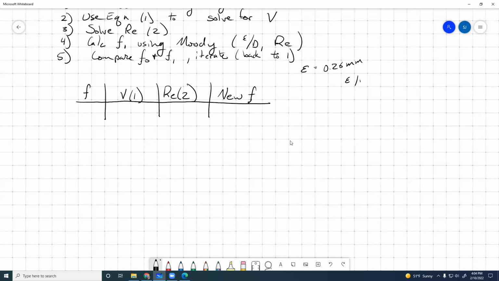And then E over D is 0.26 over 0.5 meters, which is 5.2 times 10 to the negative 4. That's the best we'll do for that Moody diagram table.